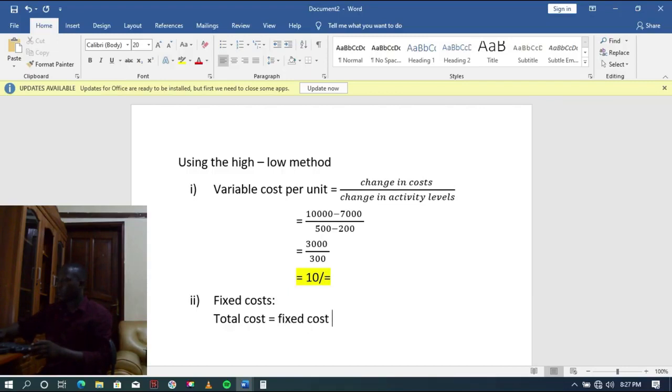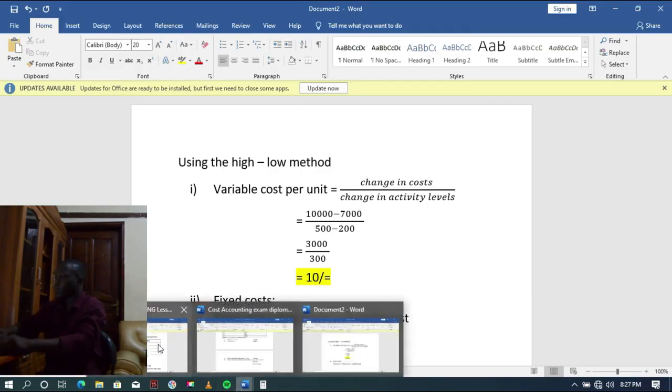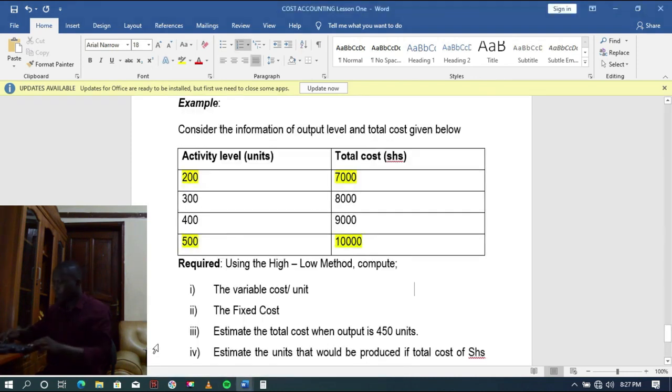Let's calculate and confirm for us to see how it comes about. 3,000 divided by 300, we get 10 shillings. So meaning the unit variable cost is 10 shillings, and this is the answer for part 1.